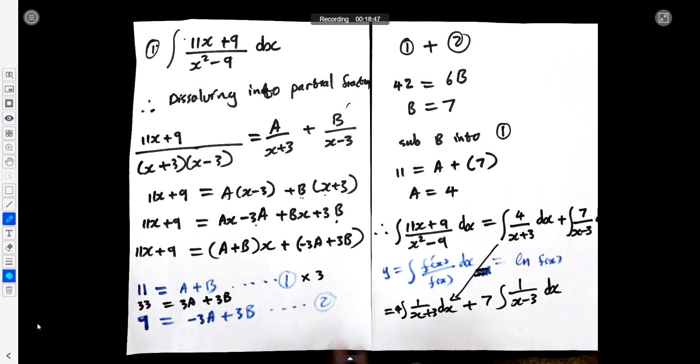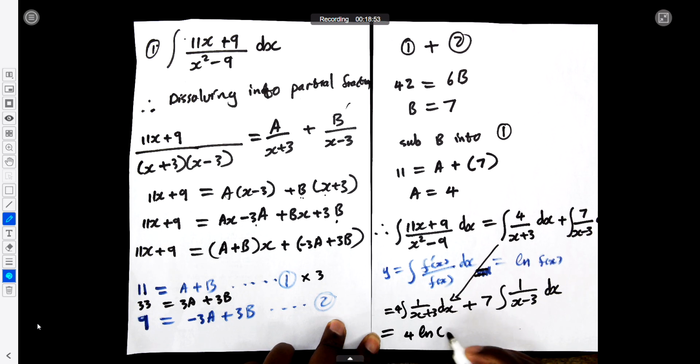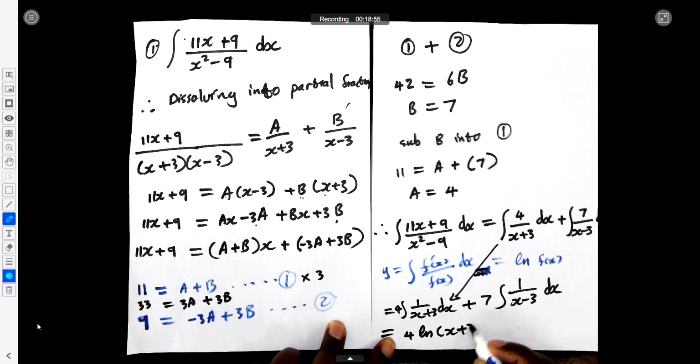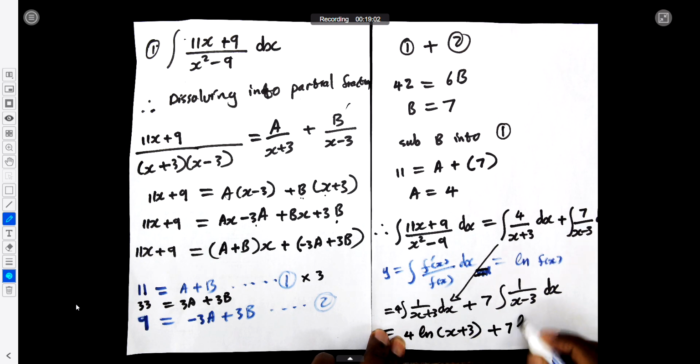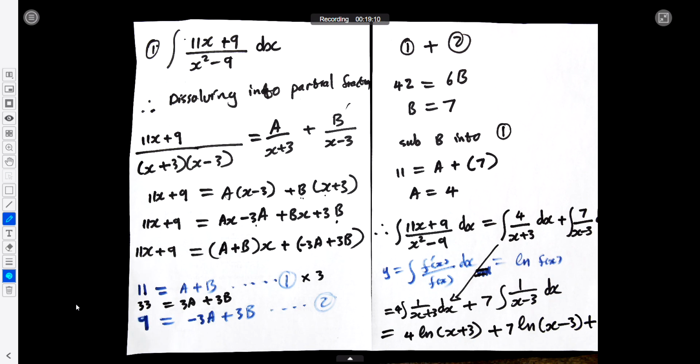So at least now we know that the integral of 1 over x plus 3 is 4 ln of the denominator. So it's 4 ln x plus 3. The second one will be 7 ln x minus 3. Therefore, plus the constant.